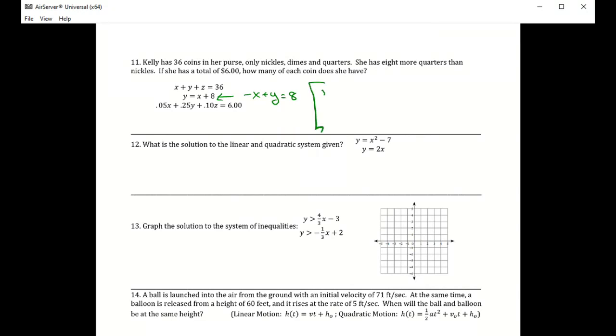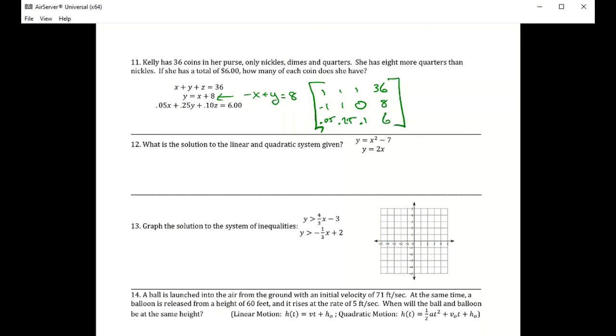So we have 1, 1, 1, 36, negative 1, 1, 0 for z because we don't have a z, 8, 0.05, 0.1, whoops, be careful, 0.25, 6.